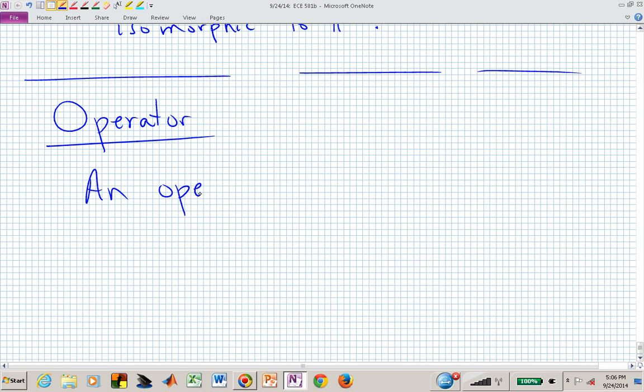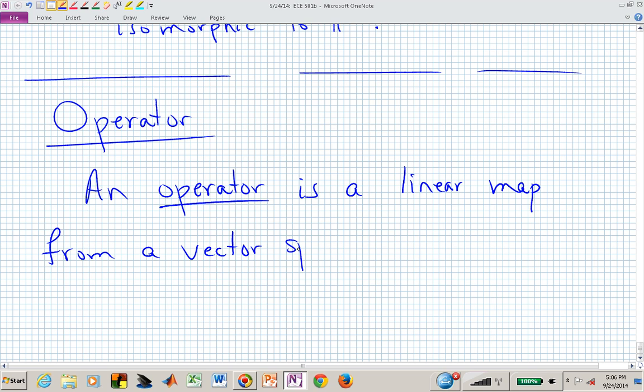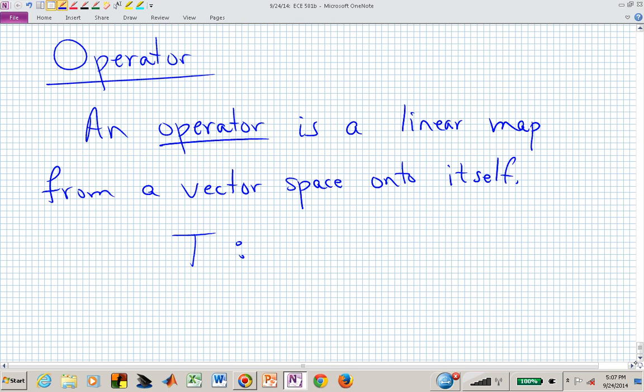An operator is a linear map from a vector space onto itself, which means that if T is not only a linear map but also an operator, then it's taking V back into V. It maps from our domain's vector space back into the codomain being the same vector space.